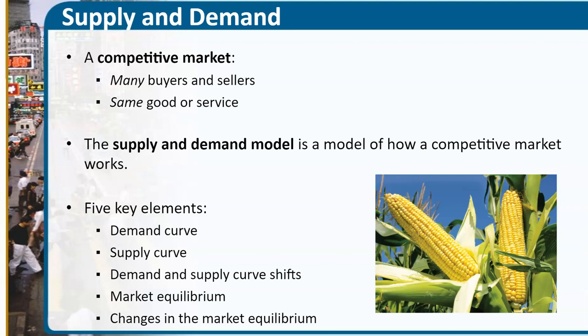So we use the supply and demand model, ceteris paribus, everything else equal, to demonstrate five key elements. This idea of demand, the downward sloping demand curve: as the price falls, the quantity demanded increases. The supply curve: as the price goes up, the quantity supplied will increase, leading to an upward sloping supply curve. What happens when these curves shift, inward or outward, rightward or leftward?